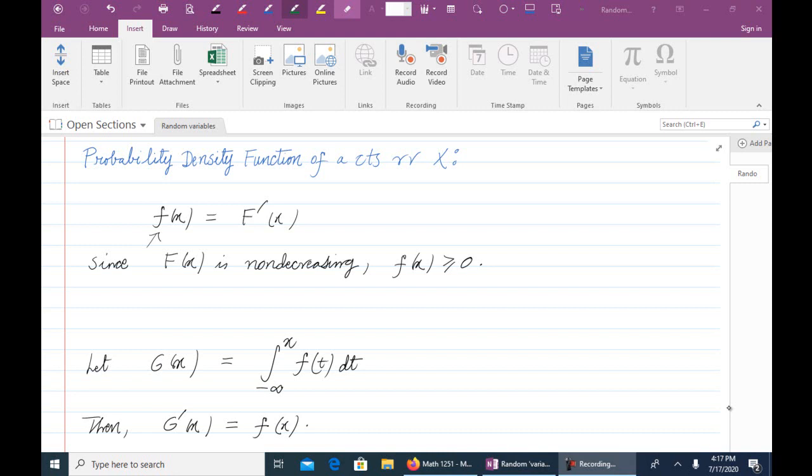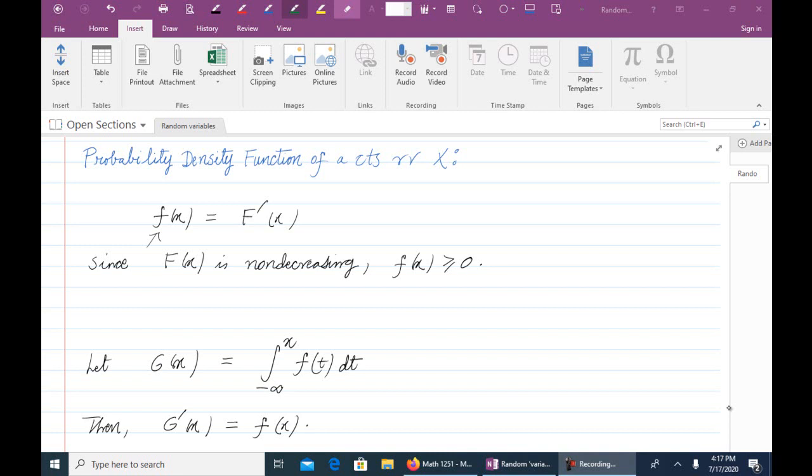This is a video on the PDF, or the probability density function, of a continuous variable x. The PDF of x is the function small f of x, which is defined to be the derivative of the CDF of x.